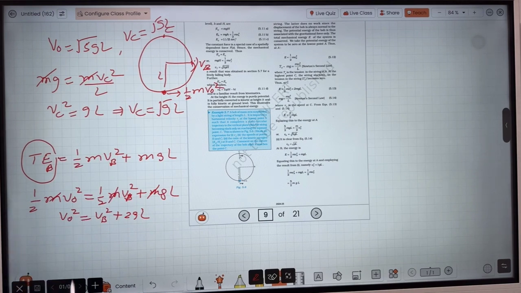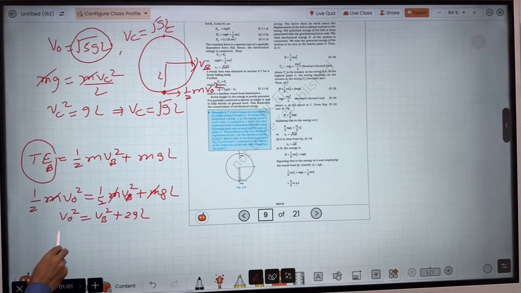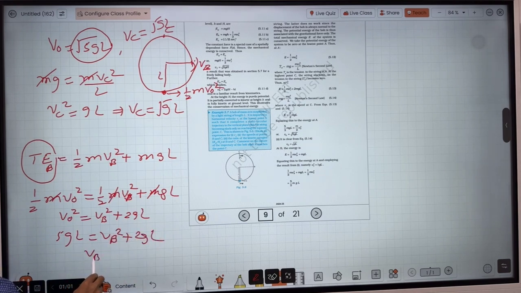So v0 we have found as root 5gL, so v0 square is 5gL, equal to vb square plus 2gL. So vb will be equal to root 3gL. So we have found velocities at 3 points.